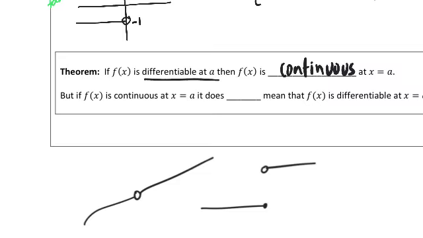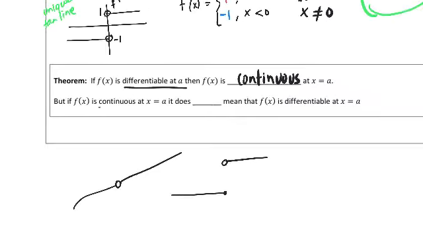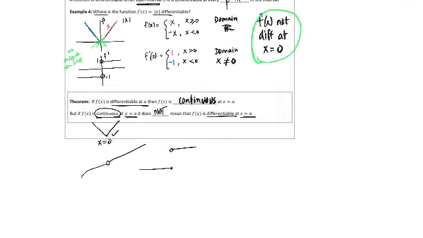So if we're differentiable, then that must mean we're continuous. But if we're continuous, like this absolute value graph is continuous at x is equal to 0, but it doesn't have a derivative there. So f of x being continuous at a value does not mean that we are differentiable at that x value. Okay.